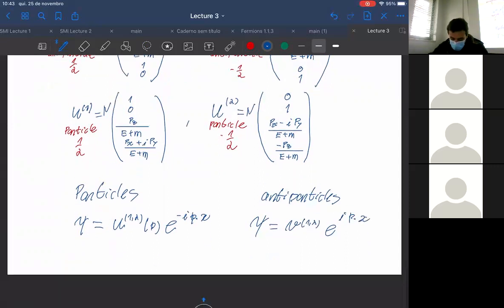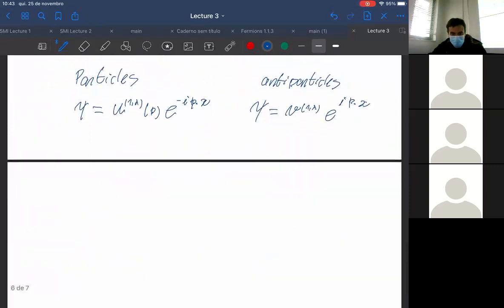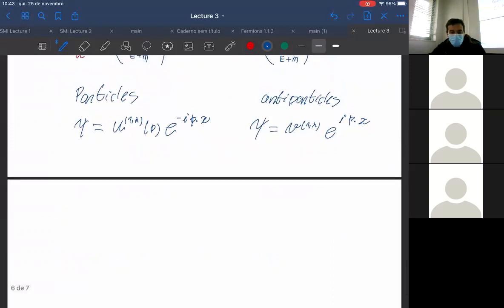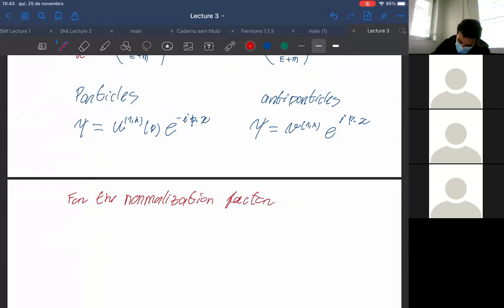There is also the normalization. This is a trivial thing, just the convention we use also for the normalization factor n.